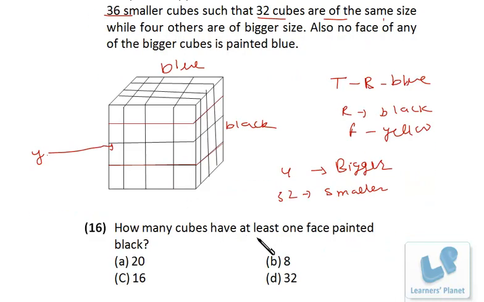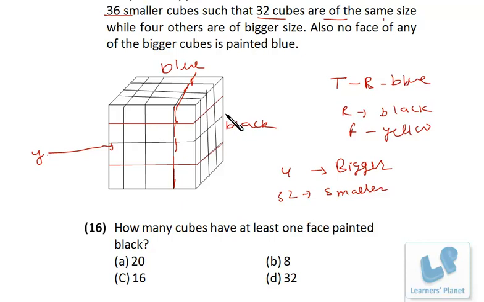Now, how many cubes have at least one face painted black? So pretty simple. Let's see this face and then we will double the calculation. 4 here, 4 here, the smaller ones, 8, the bigger one, 8 and 2, 10, and 10 this side. From this layer, just concentrate over here.